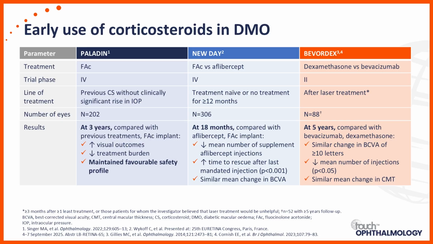We had an important effect on visual acuity, an important effect on central macular thickness, and the reduction in the central macular thickness was better with the dexamethasone compared with bevacizumab. And after 5 years, as you see, the results from a clinical point of view were similar, from a functional point of view as well as from the OCT point of view.